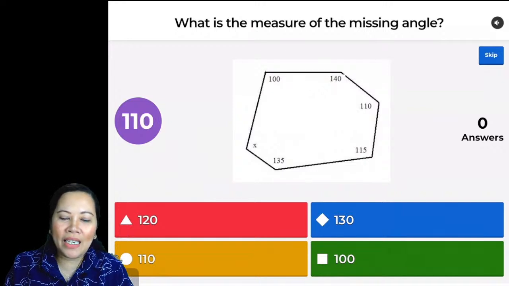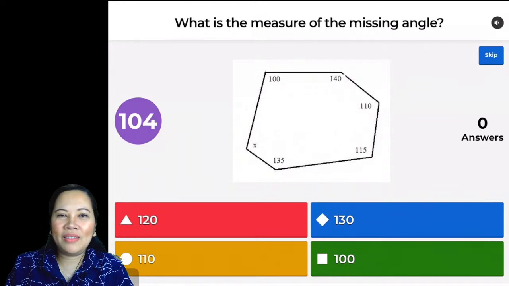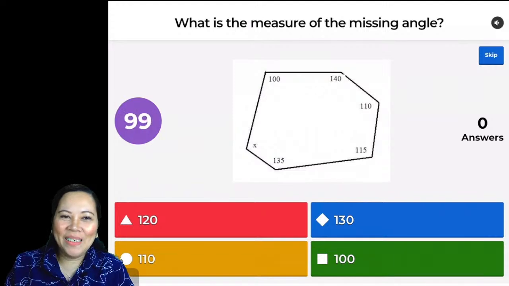It's a 6-sided irregular polygon. So what will be the answer?